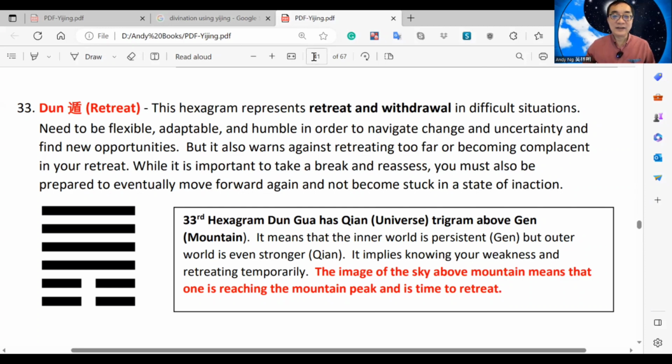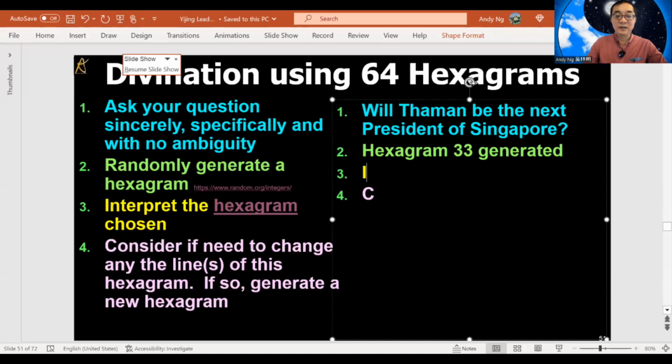So what does this really mean? How do we interpret this? It is about retreat, and it is about not taking further action. So from here, it seems to be retreat. I would say it refers to other people not competing with Tharman.